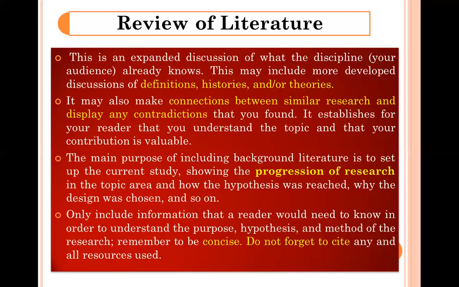This review of literature may cover the definitions, histories, or theories of the relevant field of study. So for example, if I'm doing research on information literacy, my review may contain the historical background of the concept of information literacy. Apart from that, you can talk about various theories or standards that prevail as of today on information literacy. Fine. And secondly, you should make connections between similar research studies.